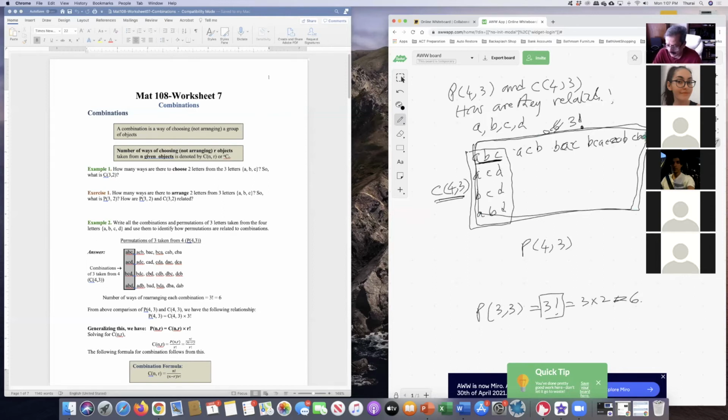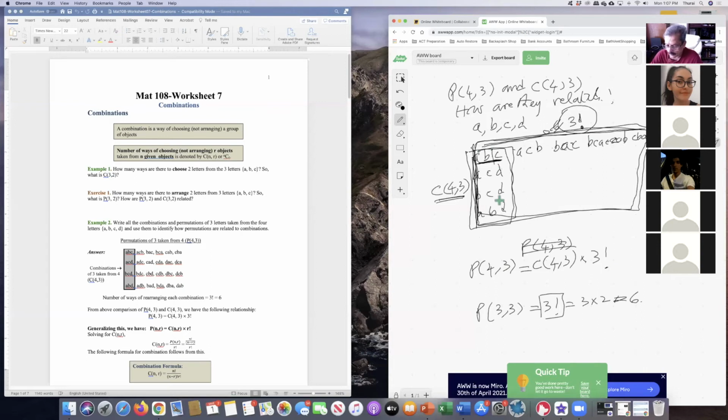Do you see that? It's the count 4 going down times 6 going across. 4 times 6, 24. But I want to write it slightly differently by saying that P(4,3) is equal to this count, which is the same as C(4,3) times factorial 3. Everybody's with me?